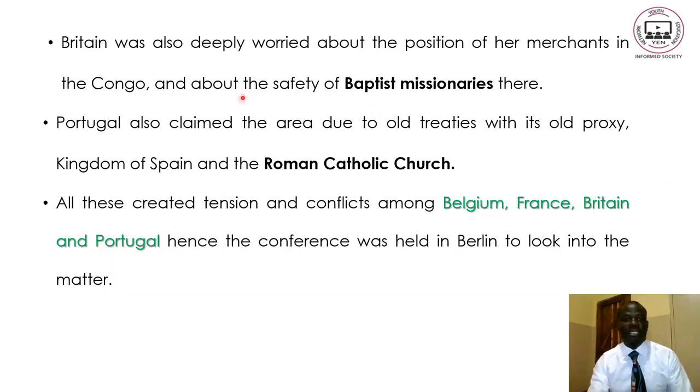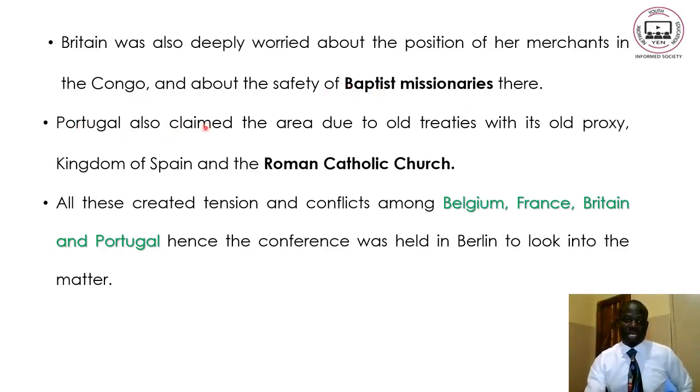So Britain was also deeply worried about the position of her missions in the Congo and about the safety of the Baptist missionaries there. So Britain was concerned to say, there are our missionaries there, the Baptist missionaries. If this area falls into our rivals' hands, it means our missionaries are not going to live in peace there.